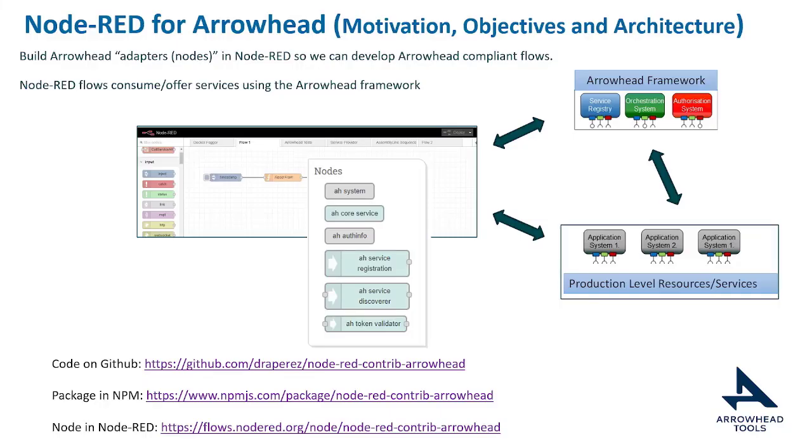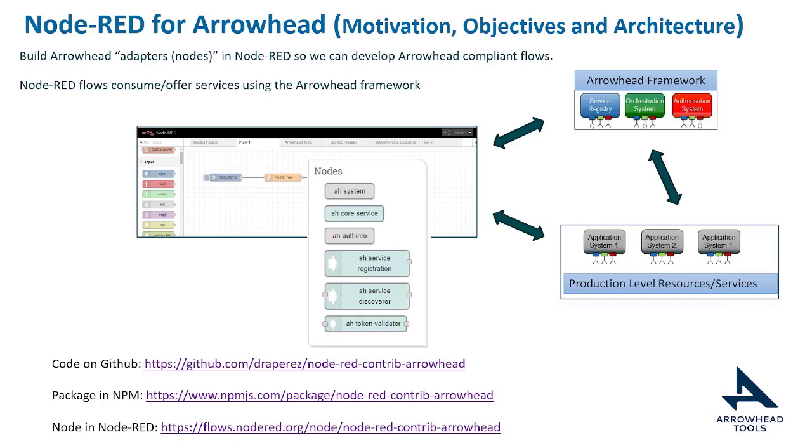Considering the success NodeRED is having in industry and IoT solutions, we decided to build Arrowhead adapters in NodeRED so we can develop Arrowhead compliant flows. This way, NodeRED flows will consume and offer services using the Arrowhead framework.